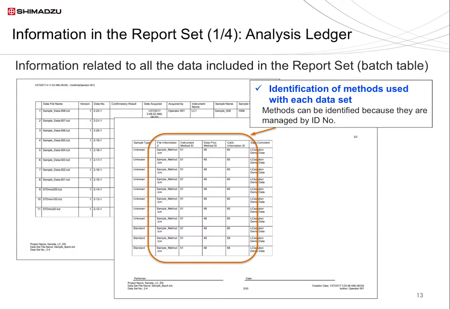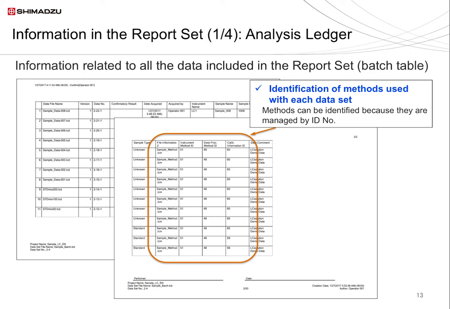I would like to describe in a little more detail what kind of information is output in each of these documents. First is the analysis register. This shows all the data in the report set listed on the first page. As an example, we can understand at a glance of the first page there are 11 sets of data.